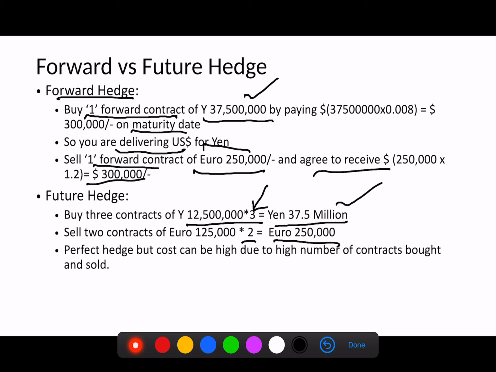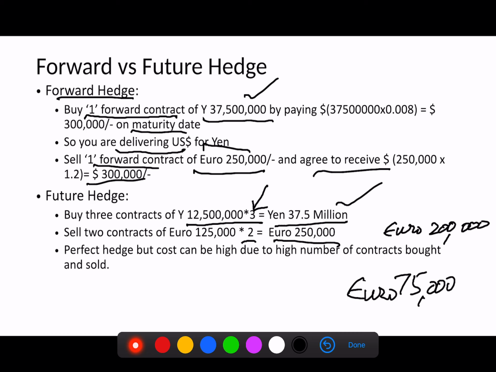250,000 euros. So if you have a different amount, say 200,000 euros instead of 250,000, in that case you would only be able to sell 1 future contract of euro, and then for the remaining 75,000 euros you remain unhedged, right?